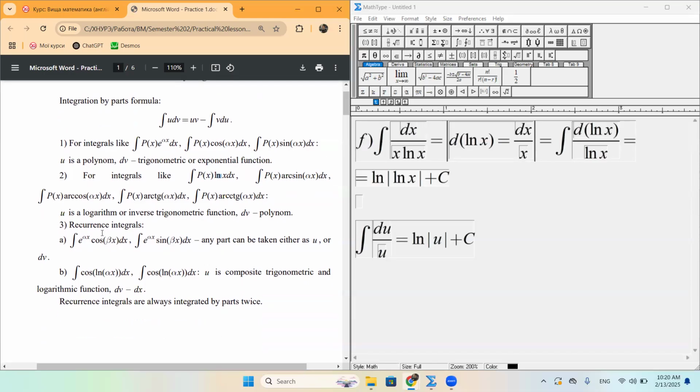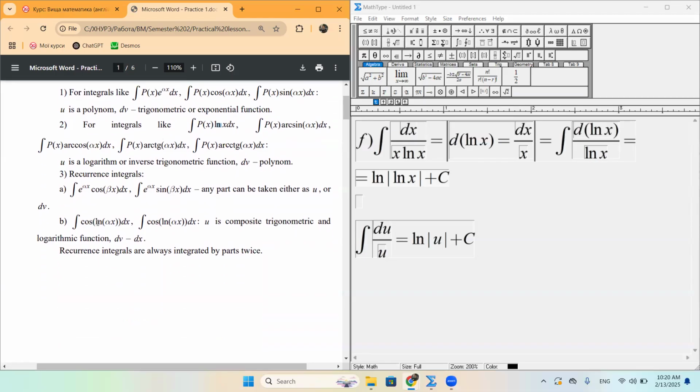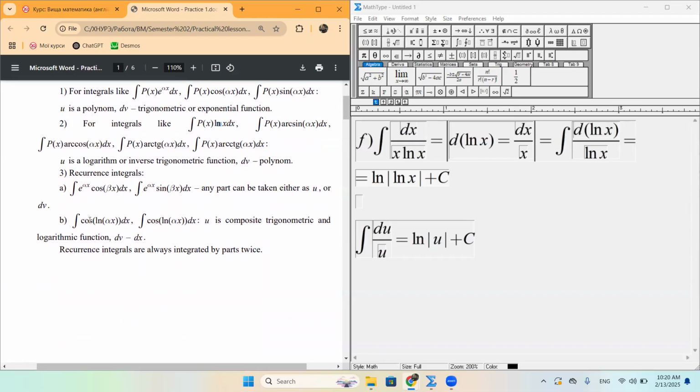And we also have integrals for which it doesn't matter which to choose, composite functions of sine, cosine, and logarithm. It's better to choose u as the whole function and dv as dx.